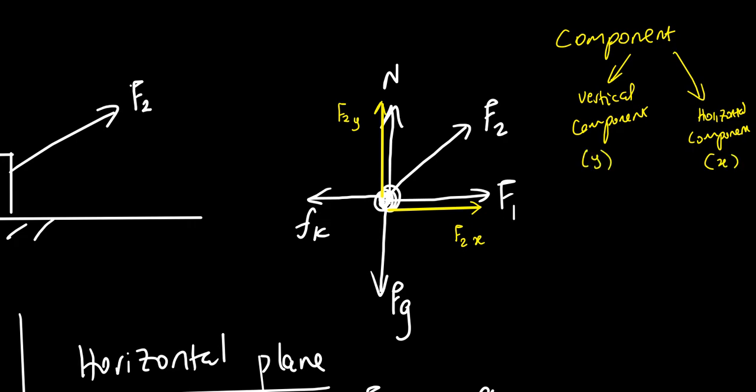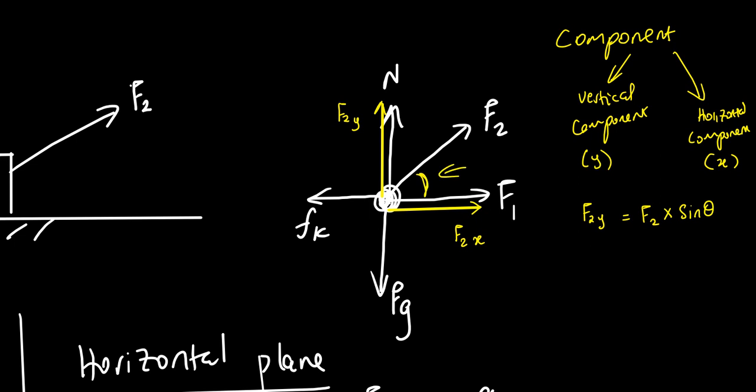So the next question would be, how do I find the size of the one that is acting vertically, and then how do I find the size of the one that is acting horizontally? That is why we have formulas for them. For the one that is acting vertically, you can say F2y is equal to the magnitude of F2 itself, meaning the size of F2, multiplied by the sine of theta, which is the angle between F2 and the horizontal direction.